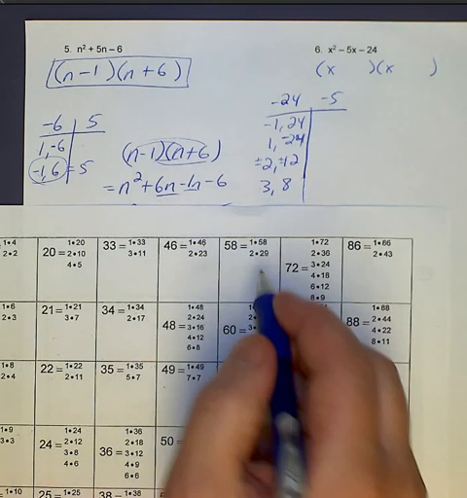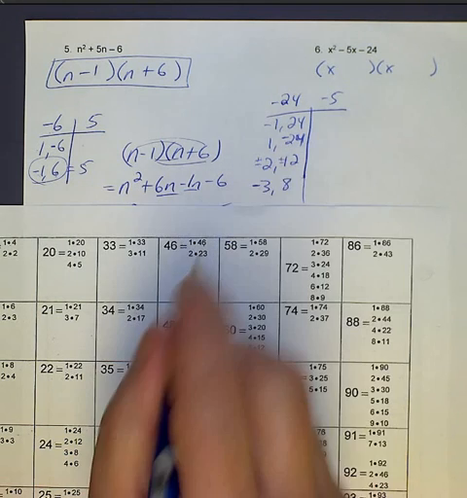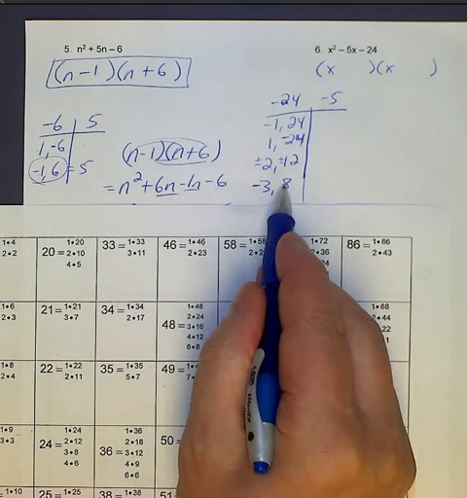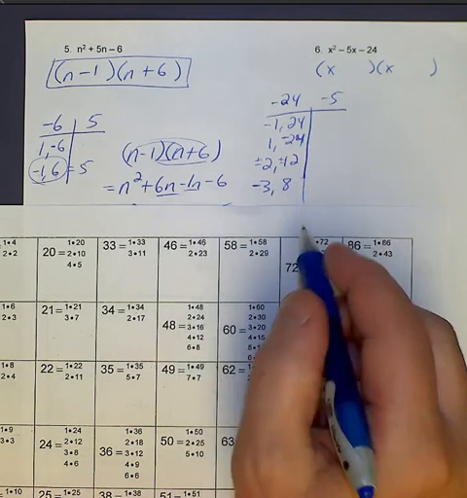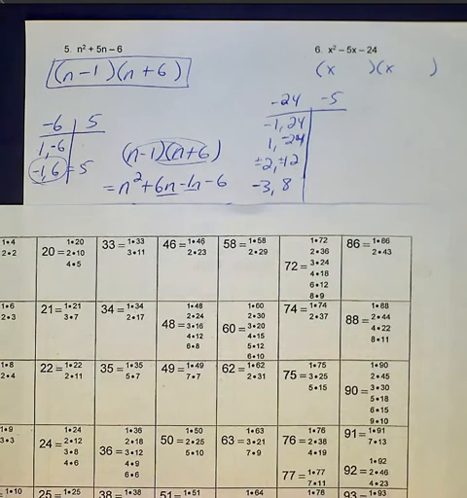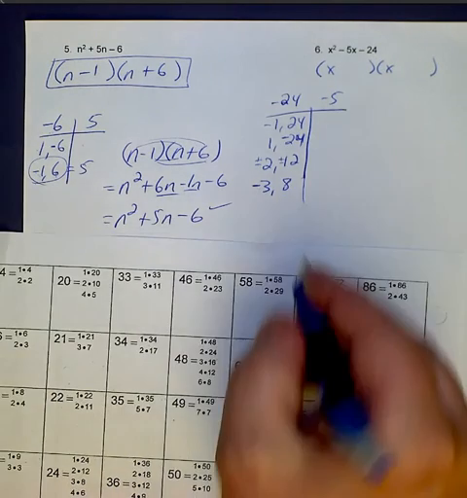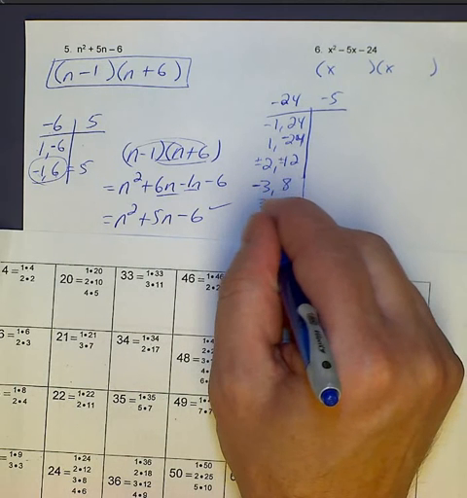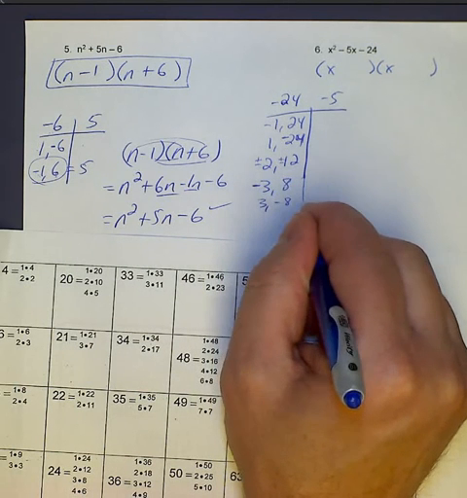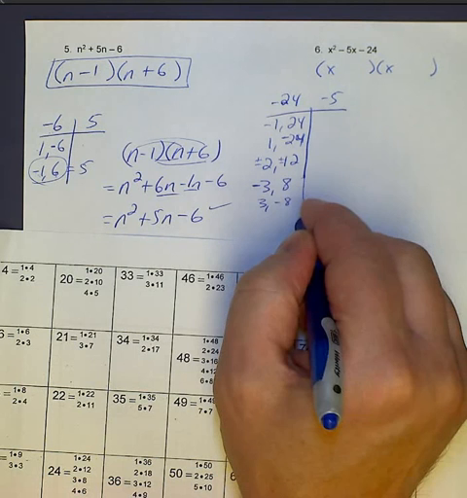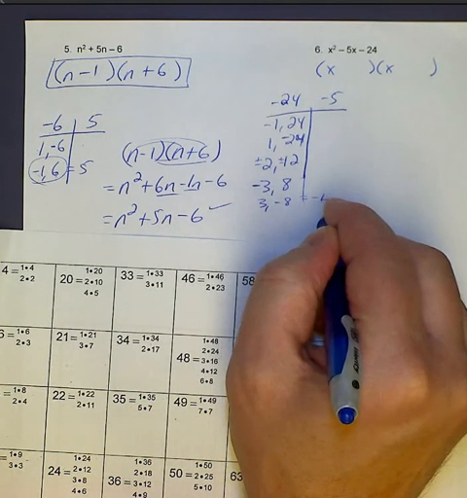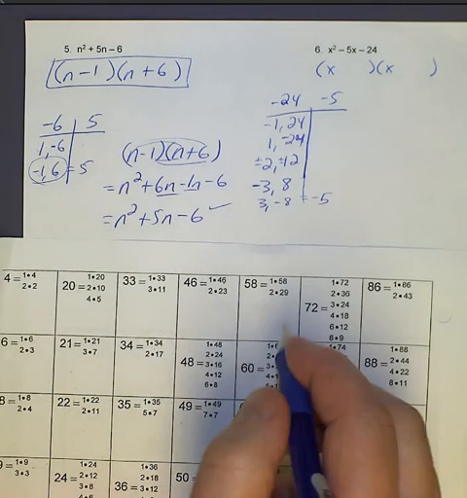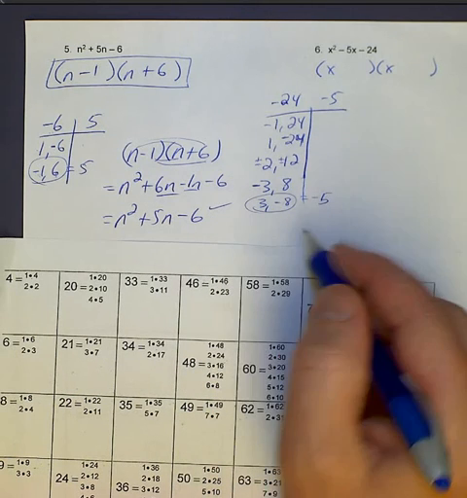So if I make 3 negative, negative 3 times 8 is negative 24. Negative 3 plus 8 is a positive 5. Alright, well, what if I do positive 3 times a negative 8? That's a negative 24. And if I add them up, positive 3 plus a negative 8, it equals negative 5. So those are my factors.